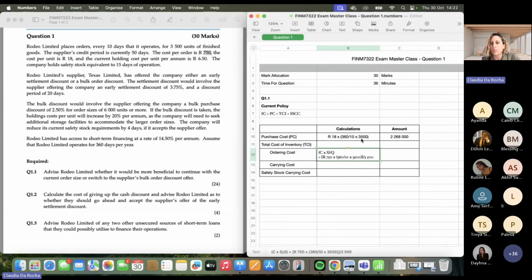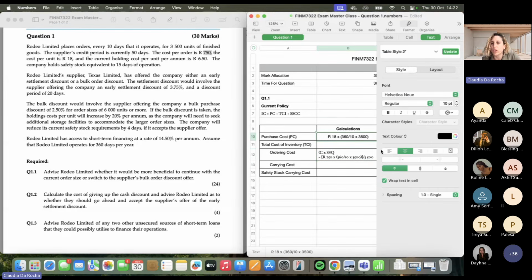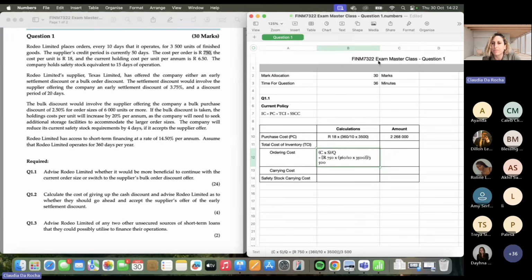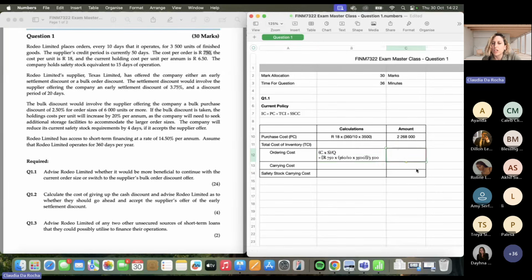Please, that's very important. It comes from the principles of EOQ, all of this. So we need to make sure that we understand that. Let's make it bigger so you can see. If we calculate that quickly, we get 27,000.